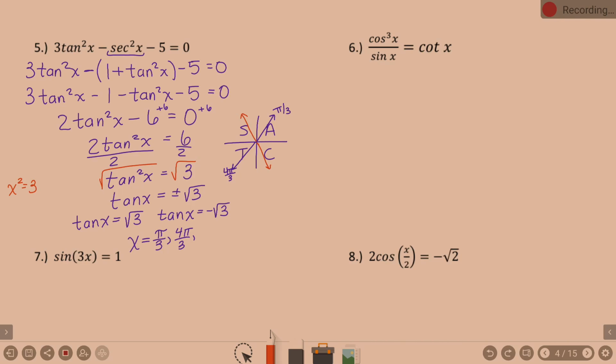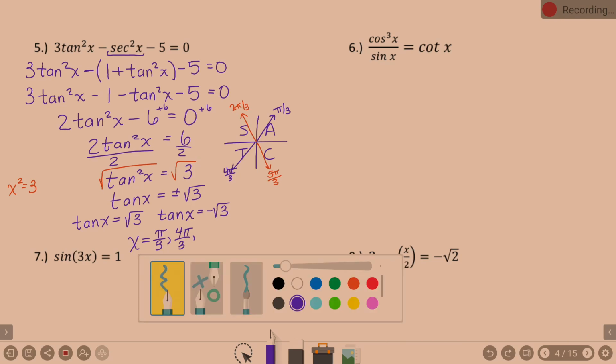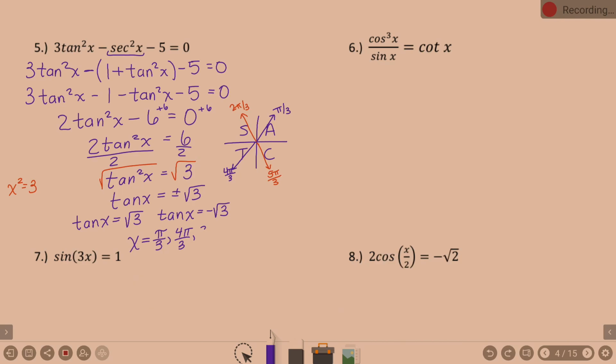What is pi over 3 up from the x-axis? 2 pi over 3. And down here in quadrant 4, 5 pi over 3 is just right before 2 pi. So my other 2 answers are 2 pi over 3 and 5 pi over 3.